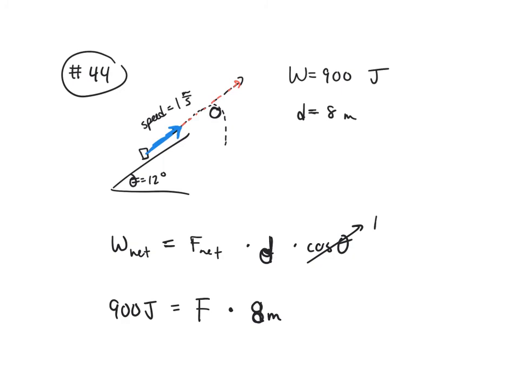How about this scenario? Gravity in this scenario is doing what kind of work? What kind of work is gravity doing? If you're moving up, which way does gravity pull you? So what kind of work is gravity doing? What's the angle between these? Yeah, it's negative work because the angle is 180.